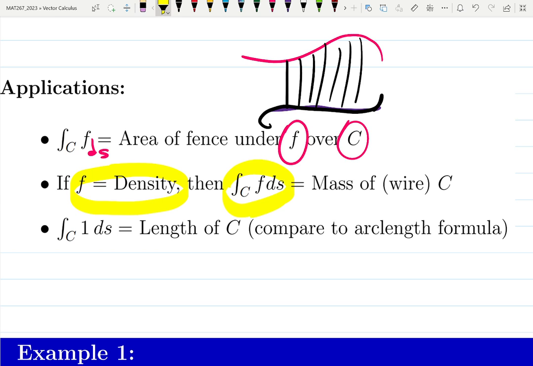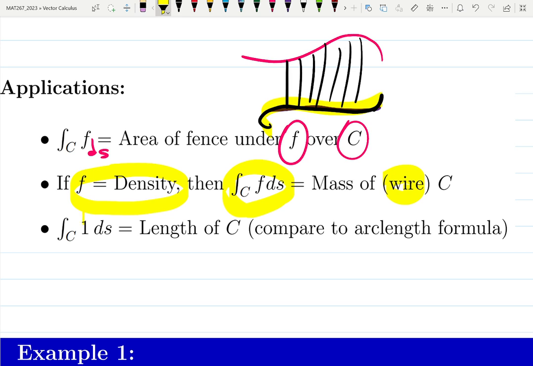Well, actually, the line integral will give you the mass of C. Imagine this thing on the floor is a wire. That's pretty cool too. How heavy is the wire if we know the density F? Then the integral gives you the mass of C.